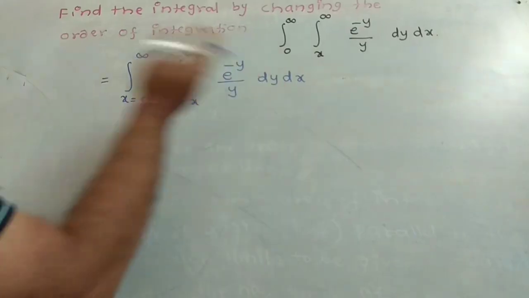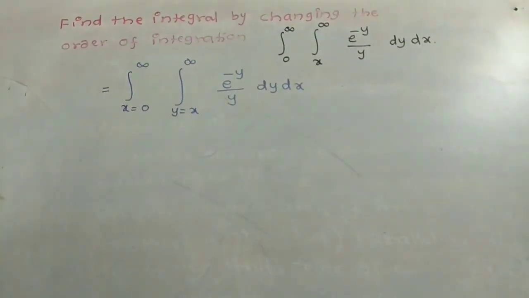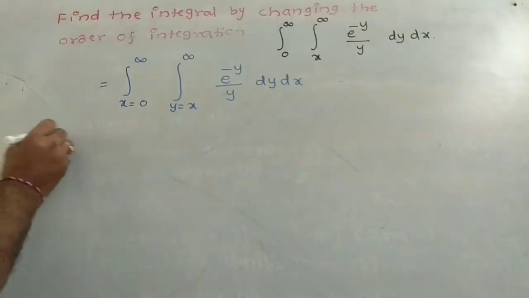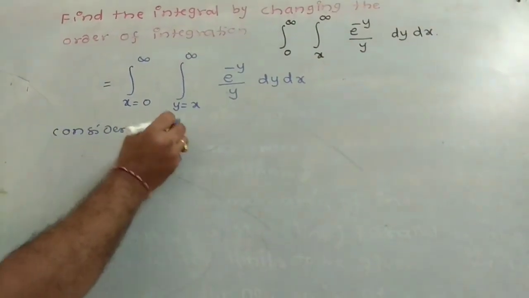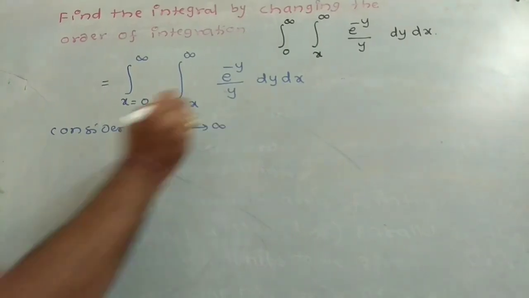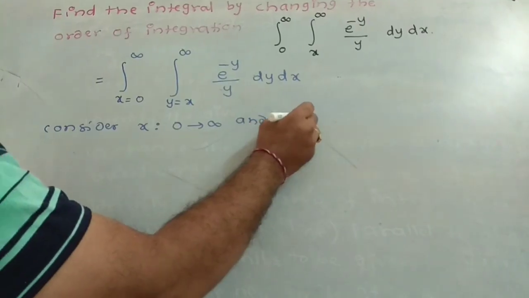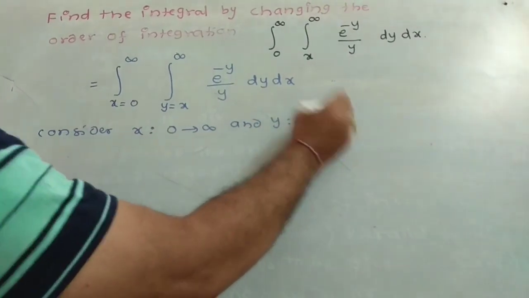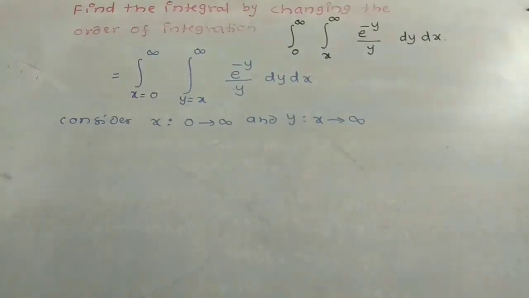Dy dx you are changing into dx dy. Now in order to change that, first you write down the limits. What limits have they given? The x limits are 0 to infinity. And the y limits are x to infinity. So first you identify the limits of the given variables.